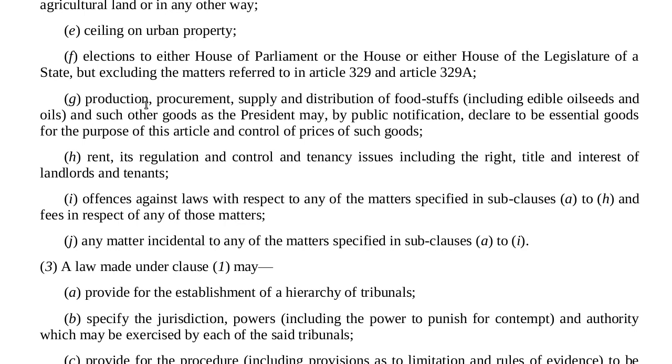G. Production, procurement, supply and distribution of foodstuffs, including edible oilseeds and oils, and such other goods as the President may, by public notification, declare to be essential goods for the purpose of this article, and control of prices of such goods.